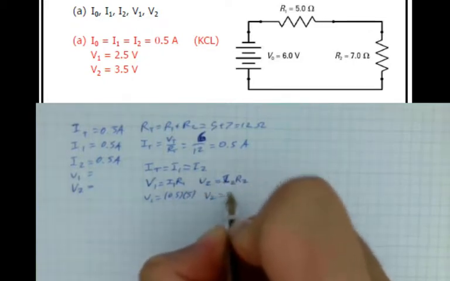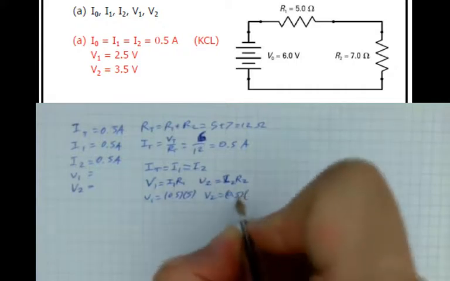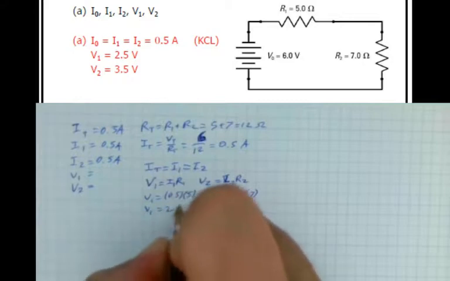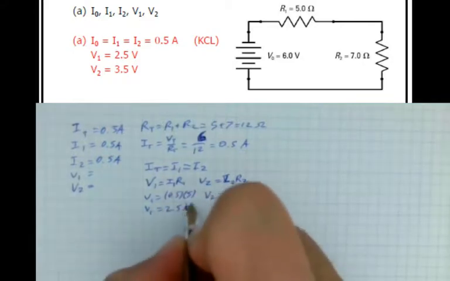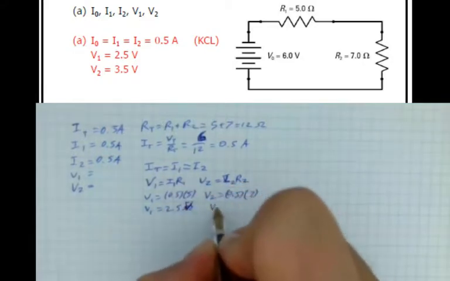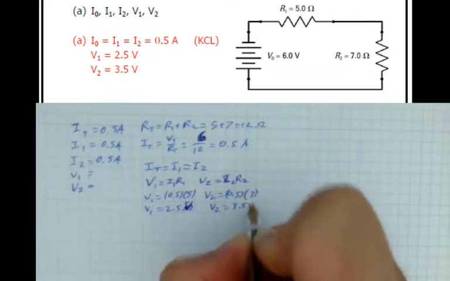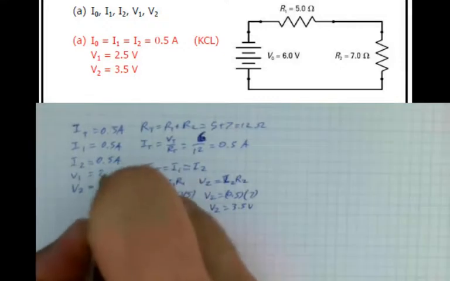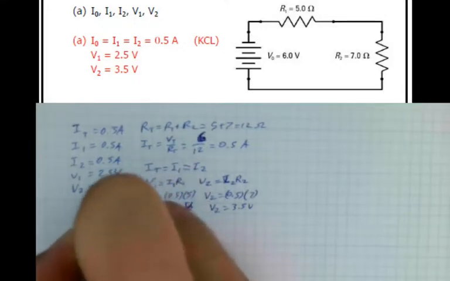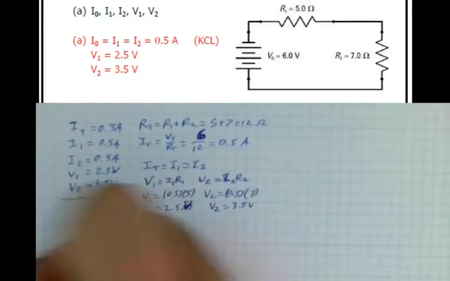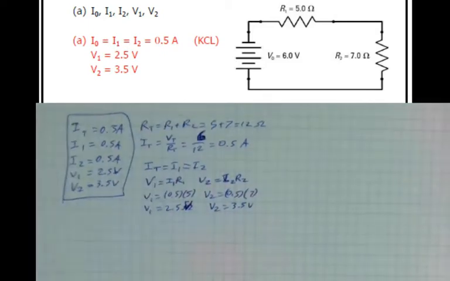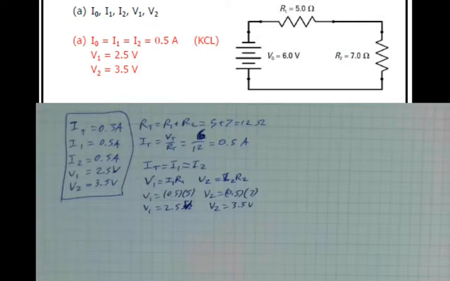V2 equals 0.5 times R2, which is 7. So in both cases, we have 2.5 volts and 3.5 volts. If I add those two together, I get 6, which means that my answer is correct. So that's my fully analyzed circuit, where I have to do an equivalent resistance first to analyze it.